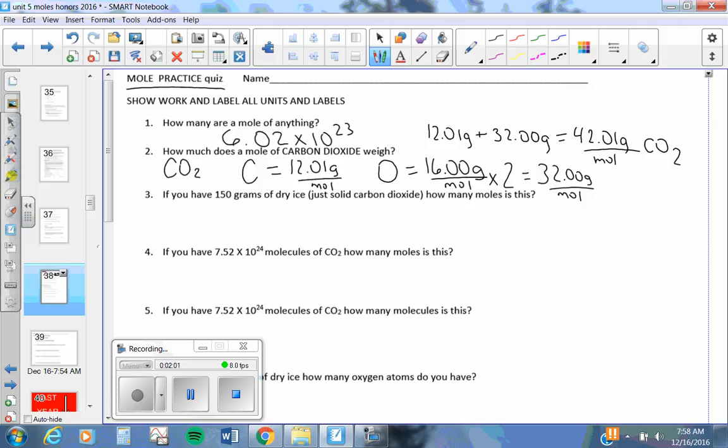We have 150 grams of dry ice. We know that dry ice is just solid carbon dioxide, so we have 150 grams of CO2. We know that our end goal is to find how many moles there are in this, so we're going to be doing some dimensional analysis.